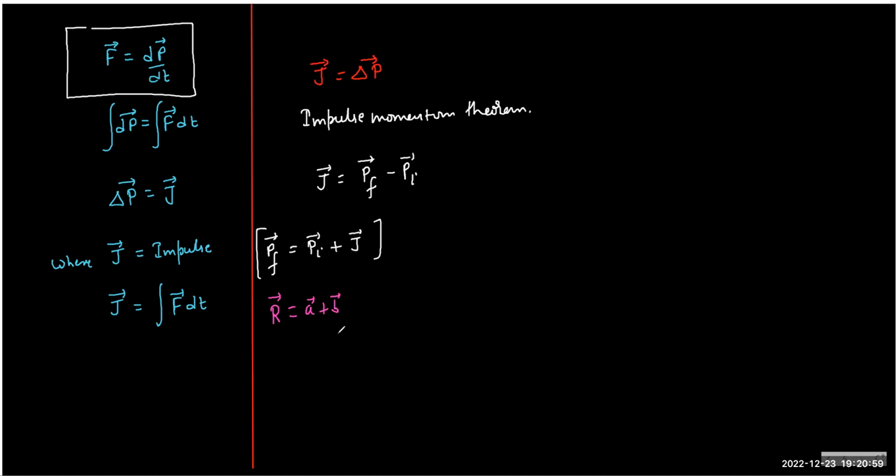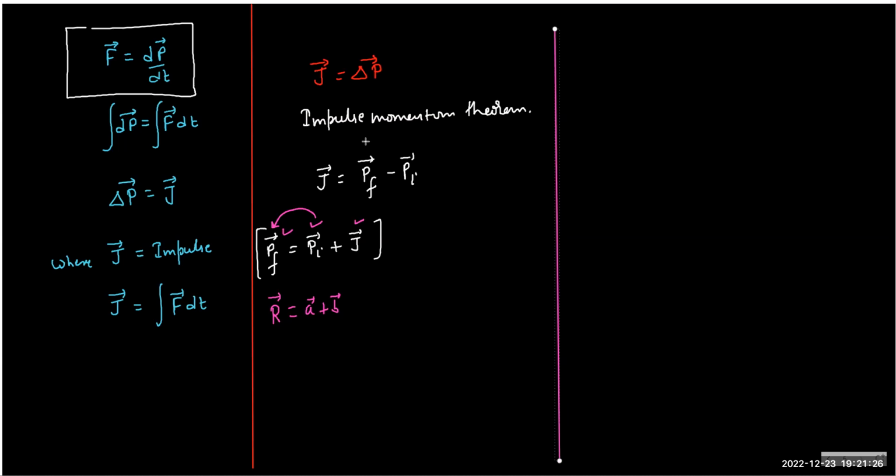A plus B equals R, correct? So this is the initial vector. This is the impulse which you receive, and as a result, this changes to the new value PF. So this is exactly following the triangle law, isn't it?